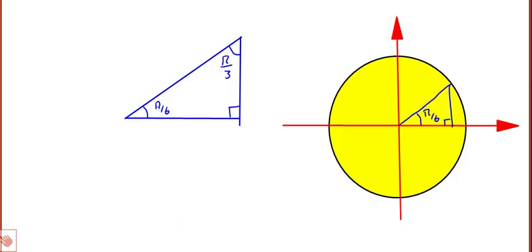So when this is 30 degrees and here is 90 degrees, here is 60 degrees.